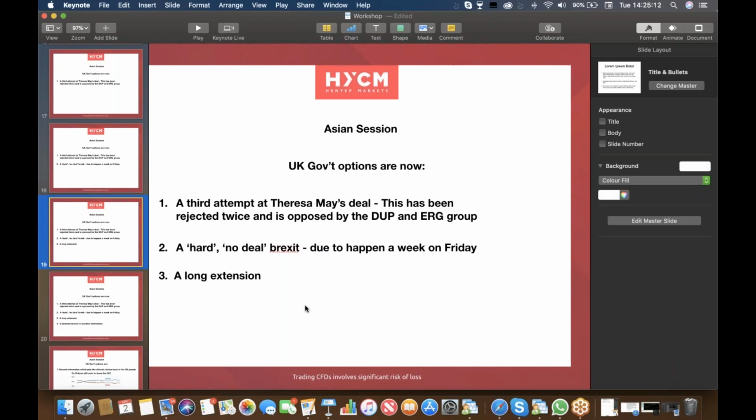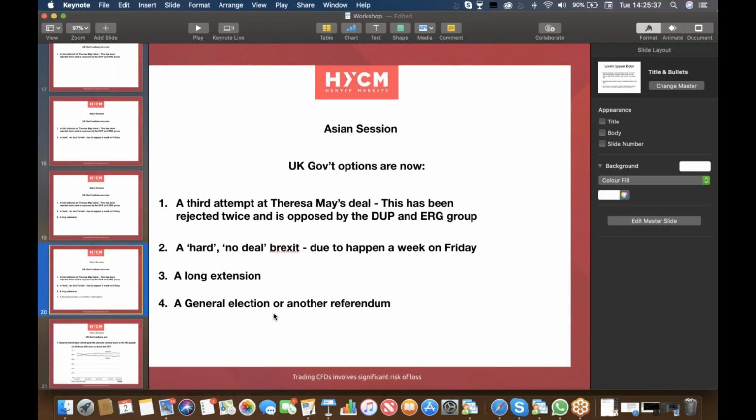There's been a lack of business investment in the UK because of the uncertainties around Brexit. Companies aren't investing in the UK like they would normally, and even companies within the UK aren't expanding or taking on new projects because of uncertainties about Brexit. So no one's going to want that long extension.